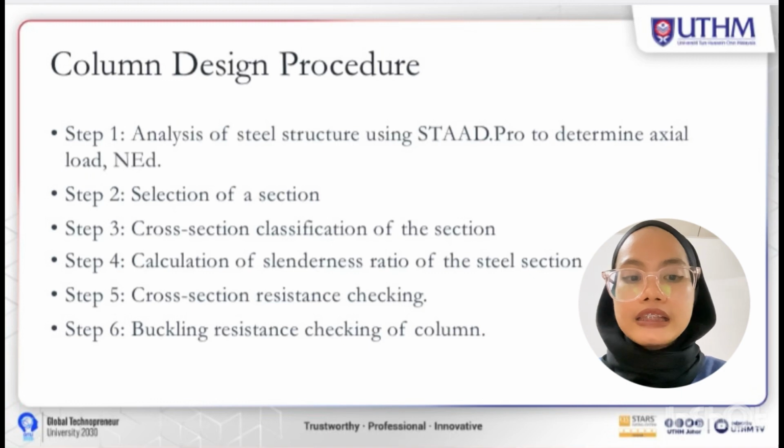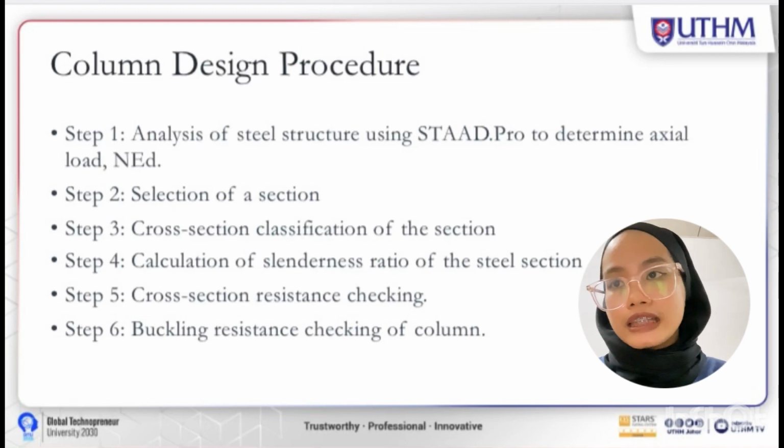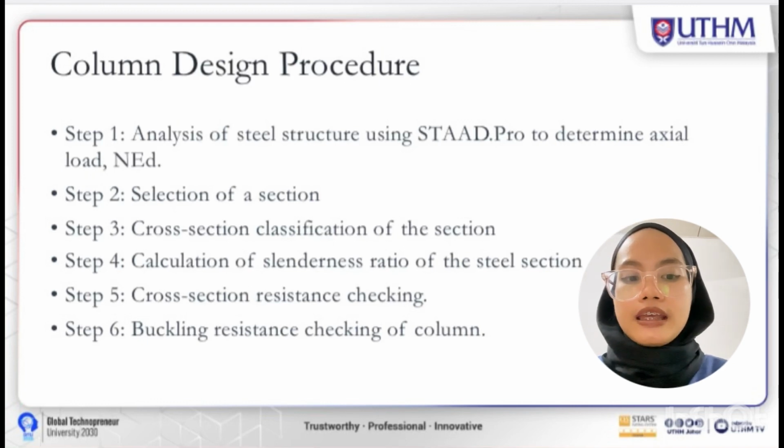Third, calculate chi by substituting in the values of phi and lambda and determine the design buckling resistance of the member. And then check and verify the buckling resistance of the steel section using the formula NEd divided by NbRd.